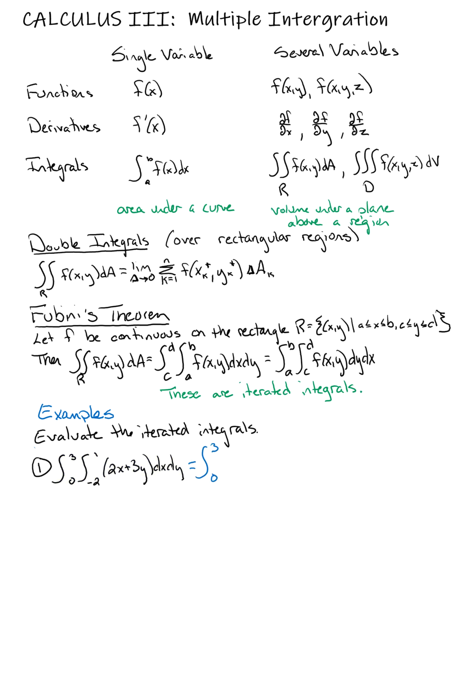If we integrate just with respect to x, we get x squared plus 3xy, which we must evaluate from negative 2 to 1. But don't forget, we still have our differential dy there in the back.